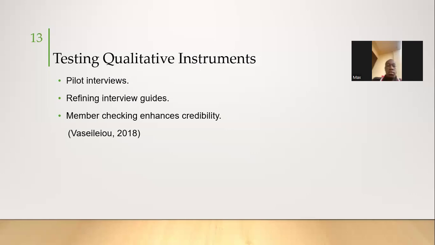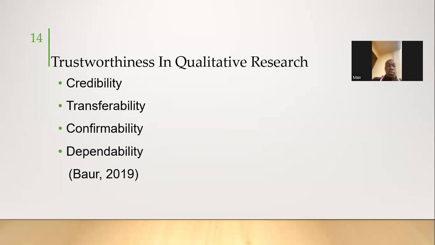Slide 14. That's trustworthiness in qualitative research. Instead of validity and reliability, qualitative research uses credibility. It asks the question, is it believable?